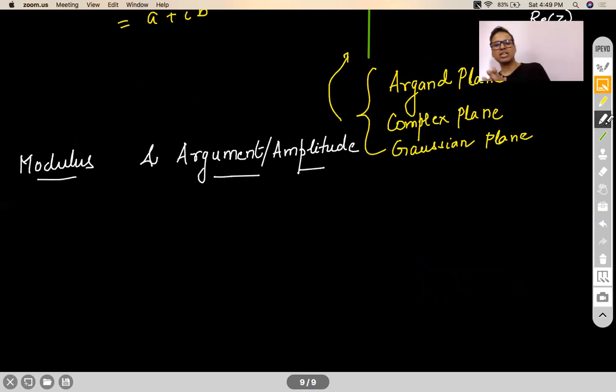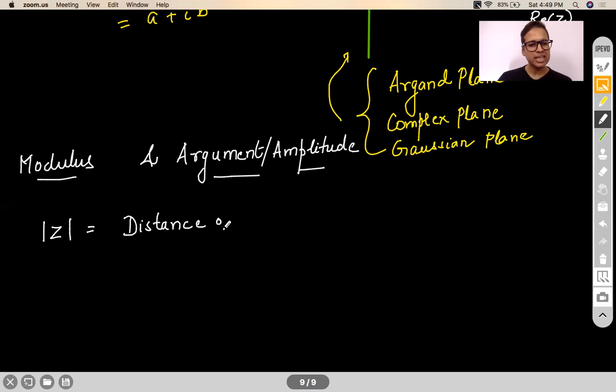Now, what's the modulus of a complex number? Modulus of a complex number is first of all represented by the symbol |z|, and it basically represents the distance of the point (a, b), which is the point form representation of the complex number, from the origin.